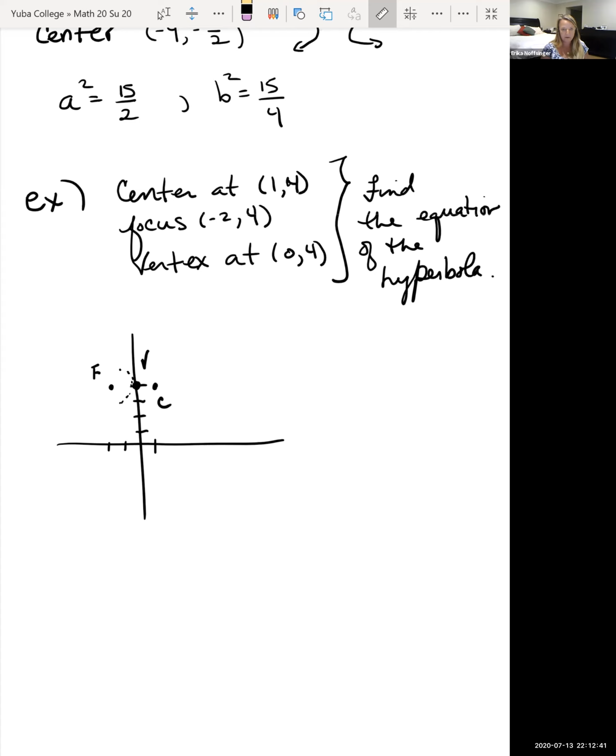I also know my focus and my vertex and my center are all on the transverse axis. So I noticed that my hyperbola's shapes are going to be facing towards the x-axis, positive and negative. And so I also know then my equation has the x part positive, so it's x minus h quantity squared over a squared, minus y minus k quantity squared over b squared equals 1.